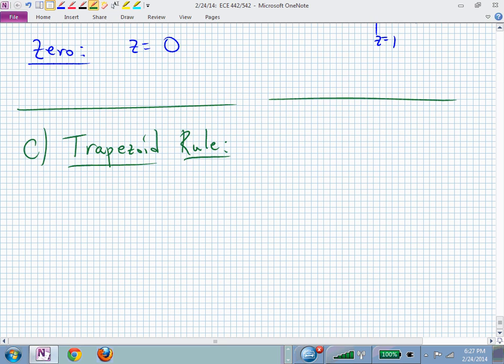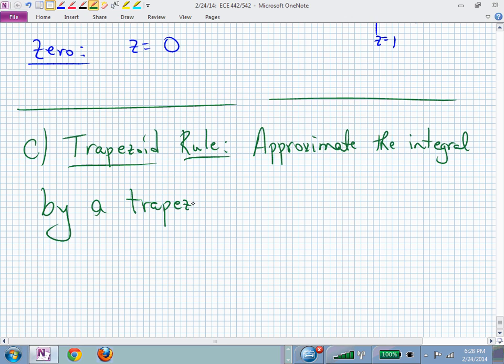I want to see a little slope to that, which means now we're just averaging the two heights, x. And that's our trapezoid rule. What we want to do now is approximate the integral by a trapezoid.